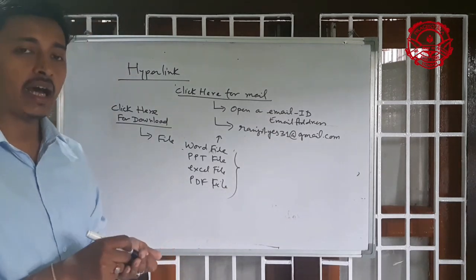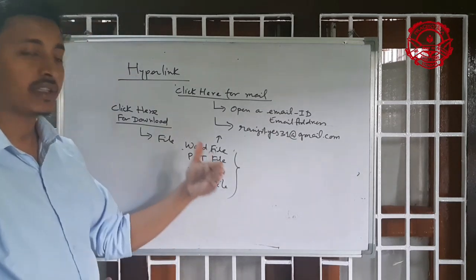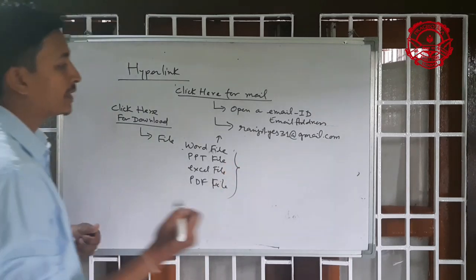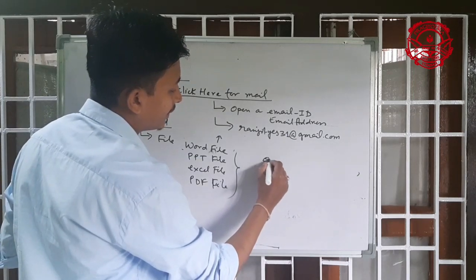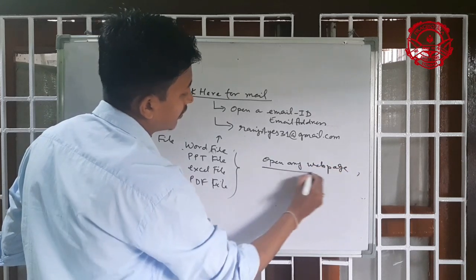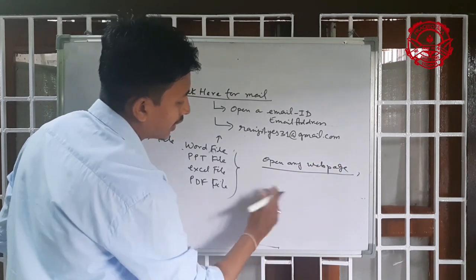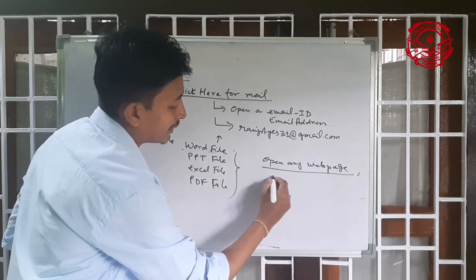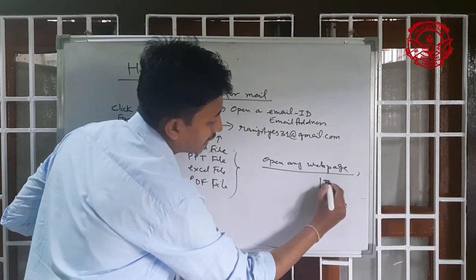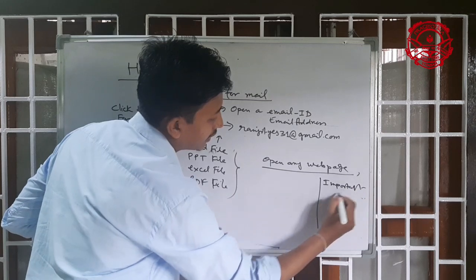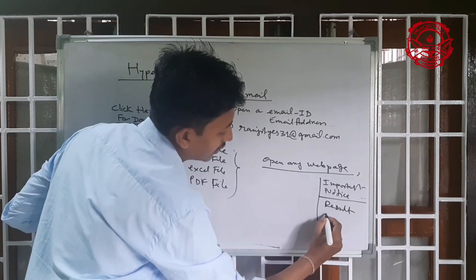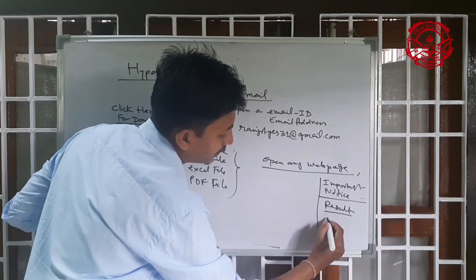So this is called a hyperlink. It is used to create a clickable link. Sometimes it will open a web page. For example, in some web pages you can see, in the right corner, important notice, say result or admission.